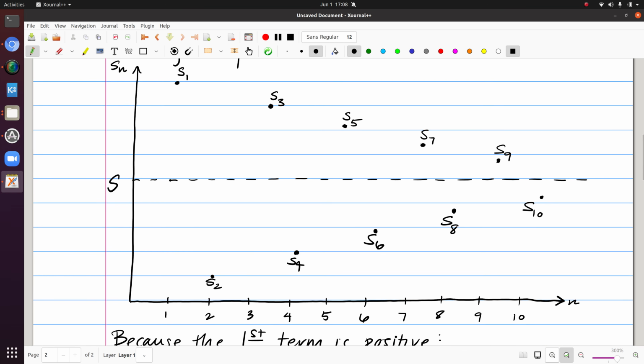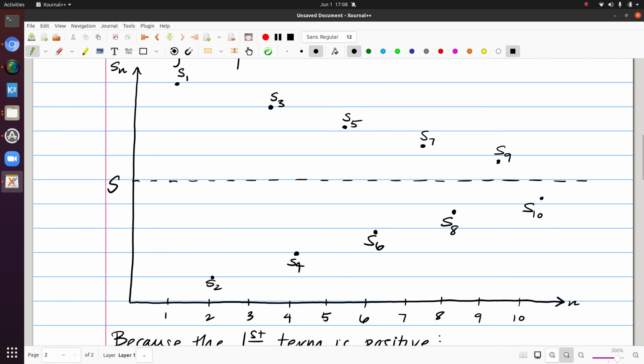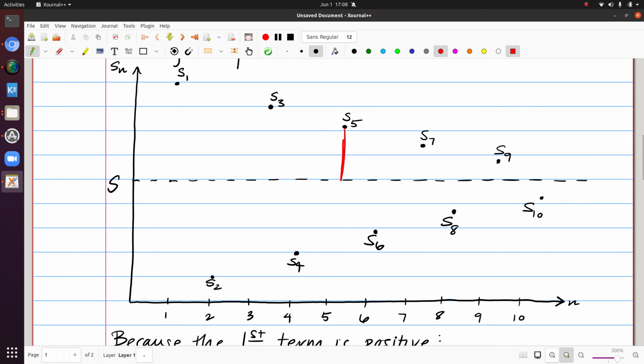Let's pick a representative n here. So suppose I wanted to find E sub 5. Well, E sub 5 would be the vertical distance between the sum of the series and the fifth partial sum. So if I wanted to gauge E sub 5, we'd look at that.